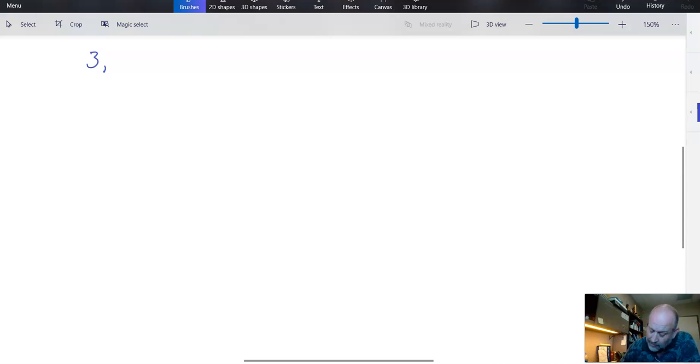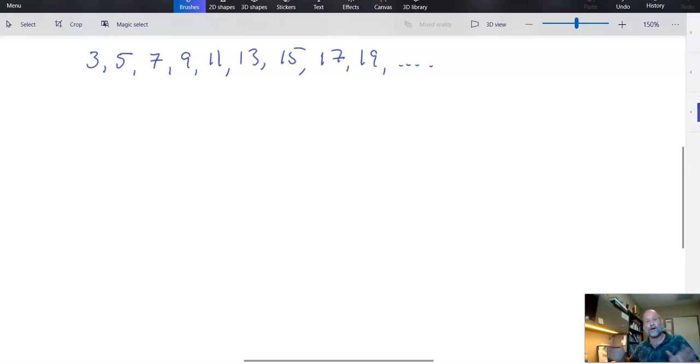So let's go 3, 5, 7, 9, 11, 13, 15. And you can probably predict the next two terms here just by looking at this. You can see some patterns in here of what I'm doing, right? 17, 19, and let's just assume that goes on forever for right now. It keeps going the way it's going.